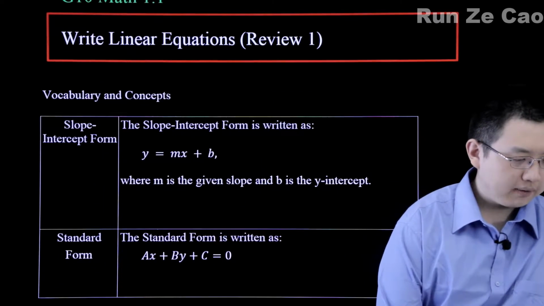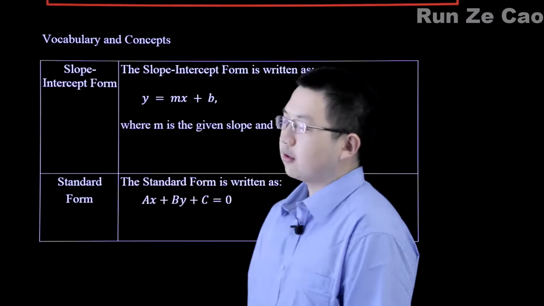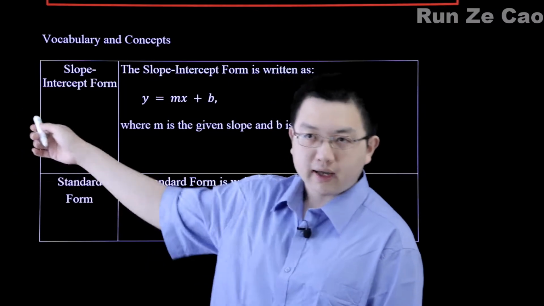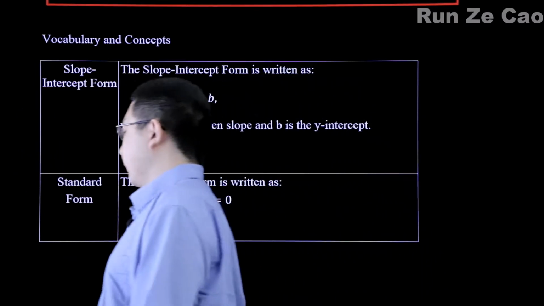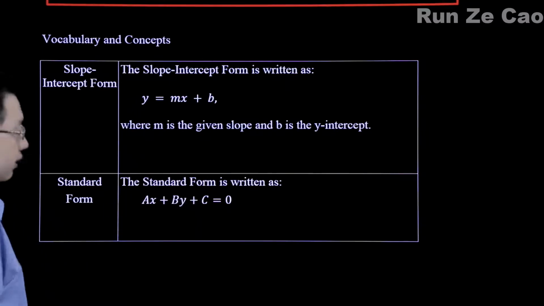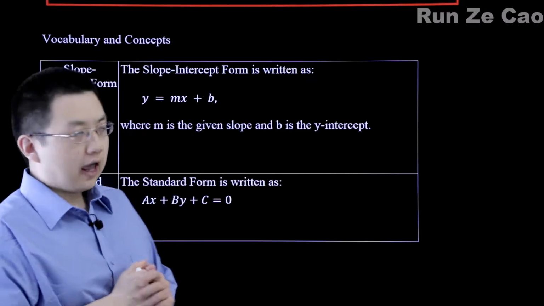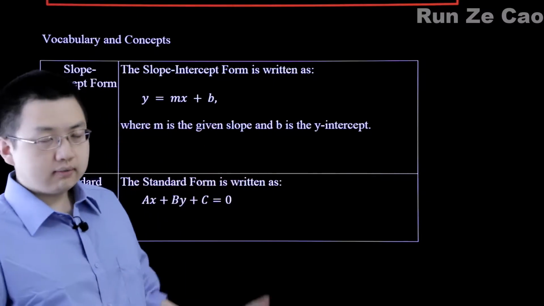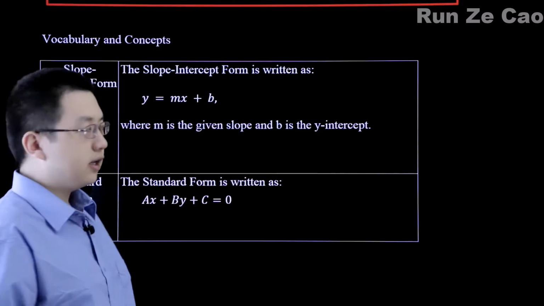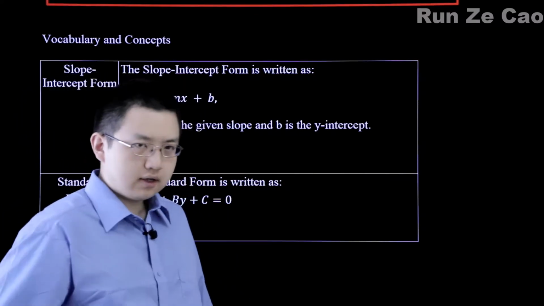So, in terms of vocabulary, the most common form that you usually see is slope-intercept form, or slope y-intercept if you prefer. Now, this is y equals mx plus b, or ax plus b, or whatever. Here, m, or a if you prefer, is the slope, and b is the y-intercept. Why? Well, let's think about this.